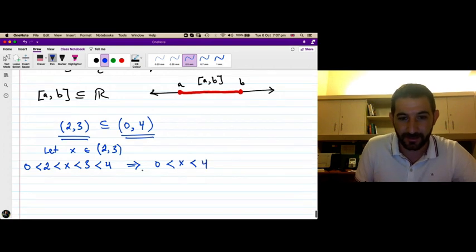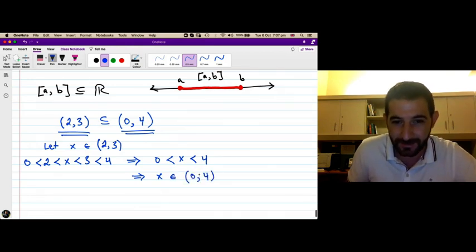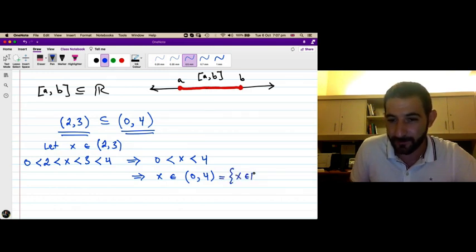But if x is a real number between 0 and 4, this means that x is an element in the interval (0, 4). Why? Because this interval we defined to be the set of all real numbers x such that x is between 0 and 4.